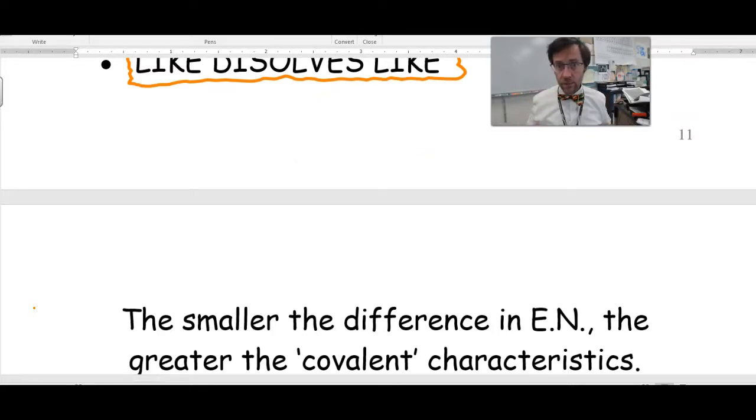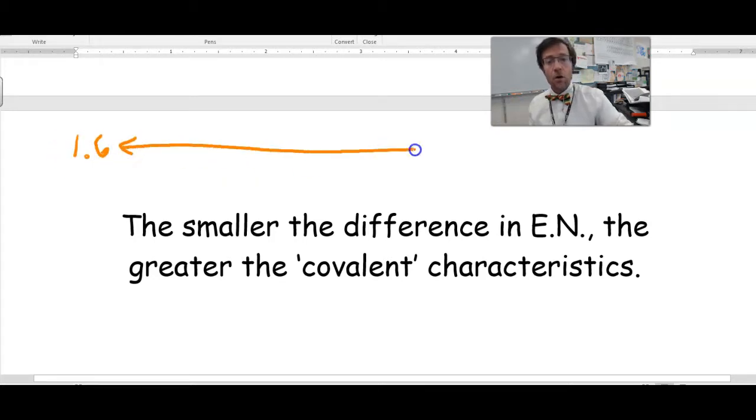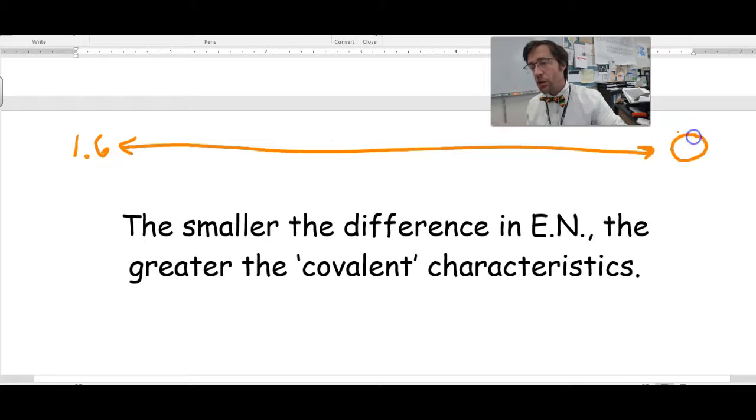One more point I want to make about covalently bonded things is that they are not all created equal, just like our ionic things, right? So for things to be covalent, they have to be lower than 1.7. So let's go 1.6 all the way down to 0. Got it? So if we have something over here at 1.6, it may make a slightly geometric crystal, and it might be kind of brittle.